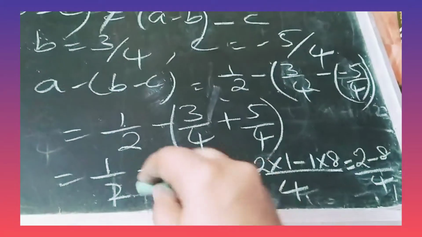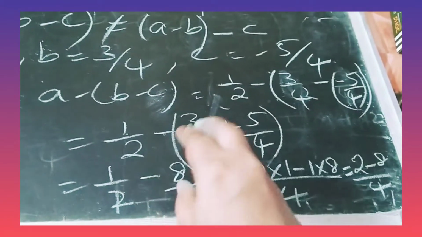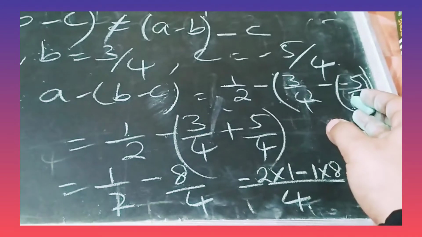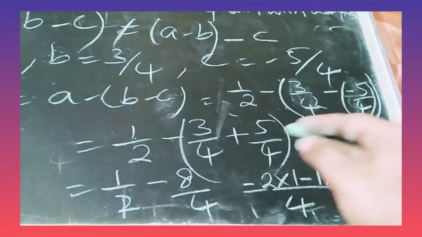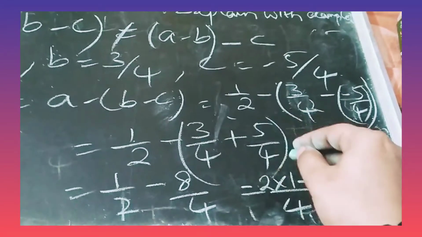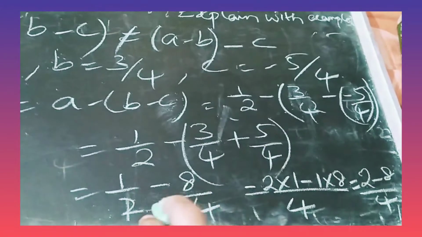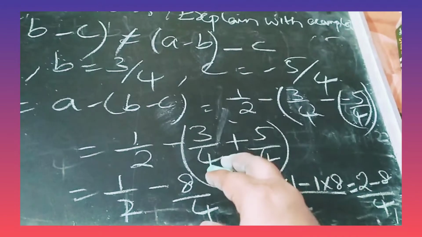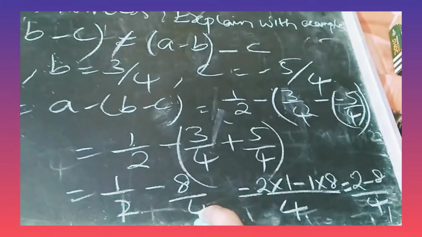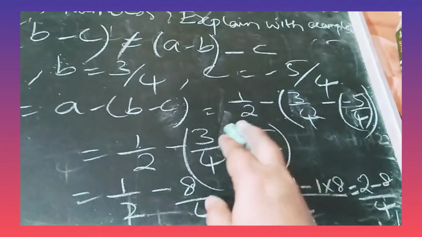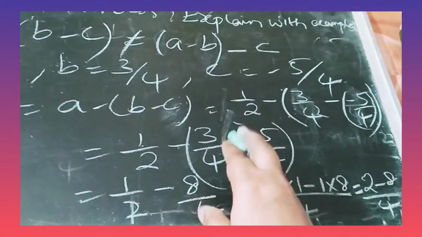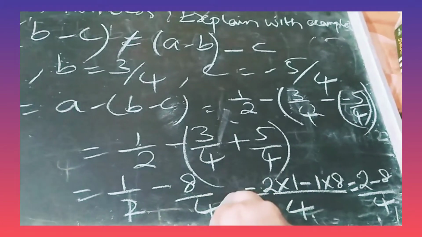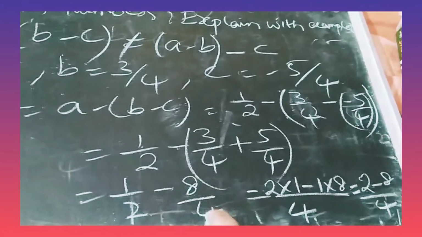Now 1 by 2 minus 3 by 4, this minus into minus will become plus. We'll remove the bracket. It will become plus 5 by 4. Now 1 by 2 minus, we'll take like fractions. Here the denominator is the same now, so you have to write 4 here. What is 5 plus 3? It is 5, 6, 7, 8. It is 8 by 4. 1 by 2 minus 8 by 4.